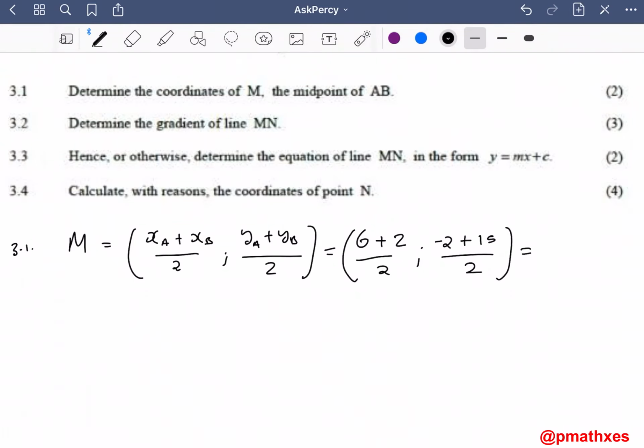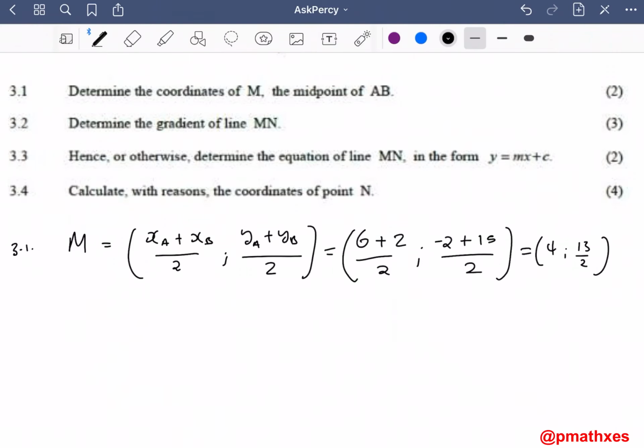So 6 plus 2 is 8, and 8 divided by 2 is 4. And -2 plus 15 is 13, and 13 divided by 2, we cannot simplify that further, is 6.5.